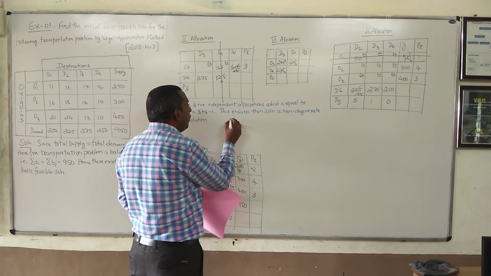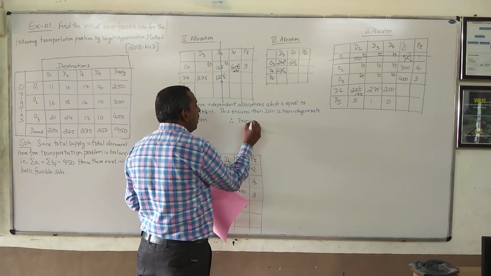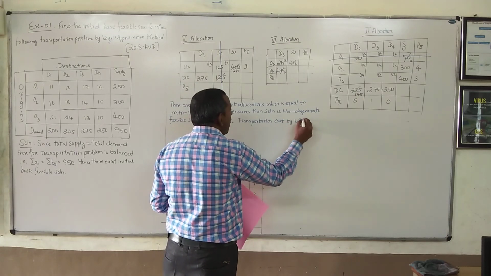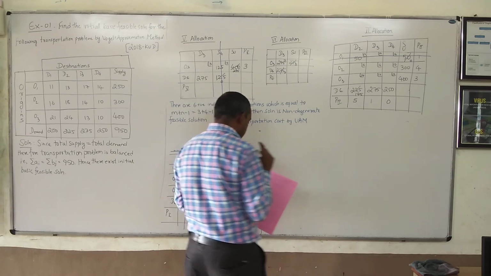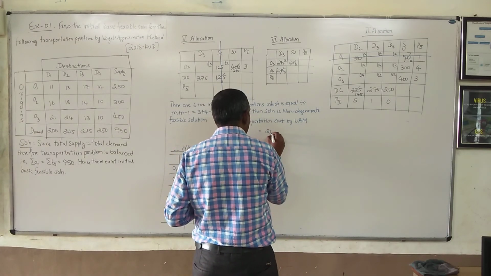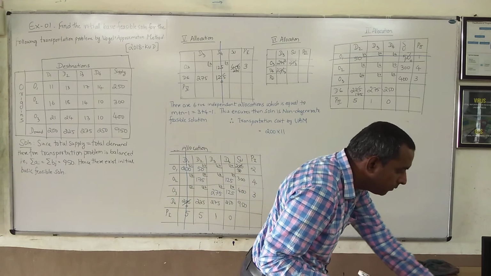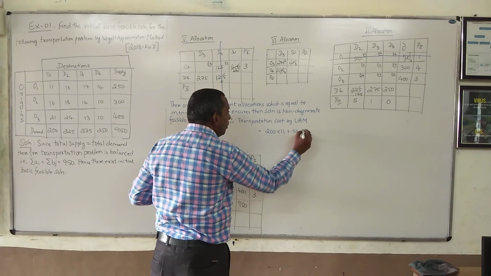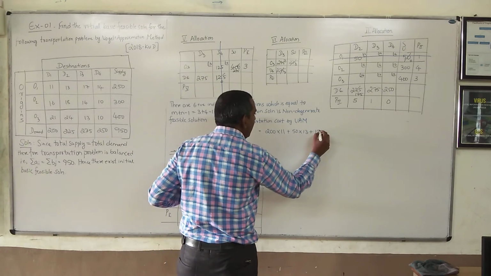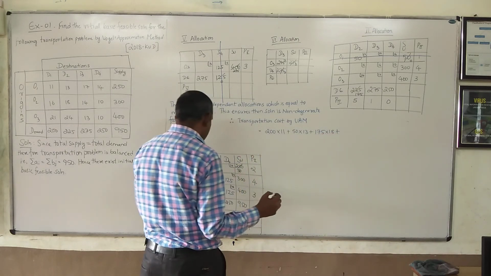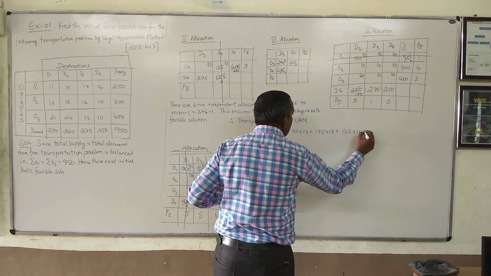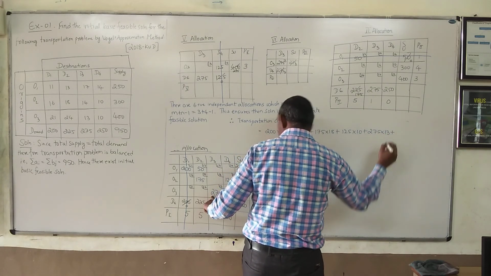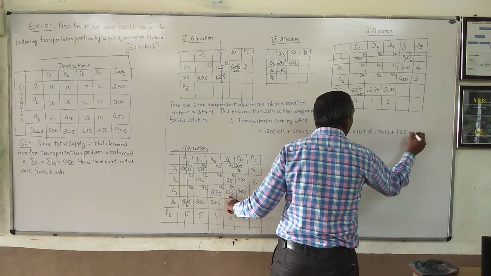Fine. So, therefore, the transportation cost by VAM is equal to 200 into 11 plus 50 into 13 plus 175 into 18 plus 125 into 10 plus 275 into 13 plus 125 into 10.